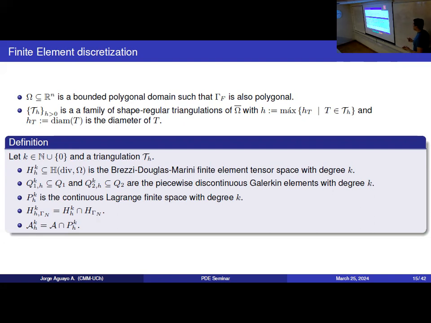So we can't use, for example, H1 spaces, just H(div). And for the L2 spaces, we are just using discontinuous Galerkin. So it's constant, for example, or a polynomial of degree k in every element, but we don't have continuity. So it's very practical when we need to model some L2 things, especially when we have jumps.